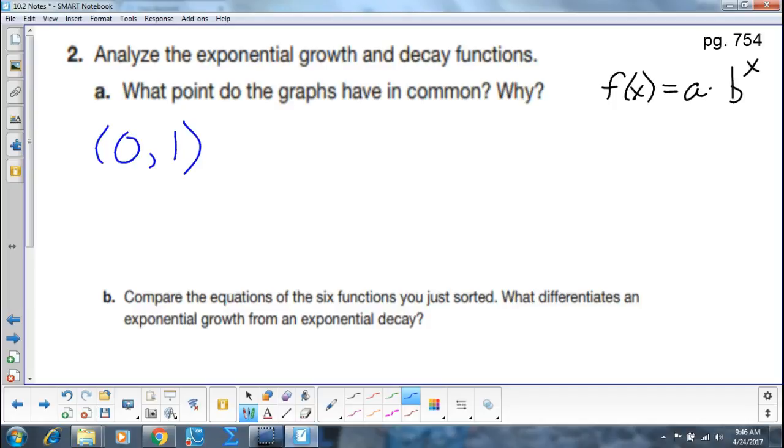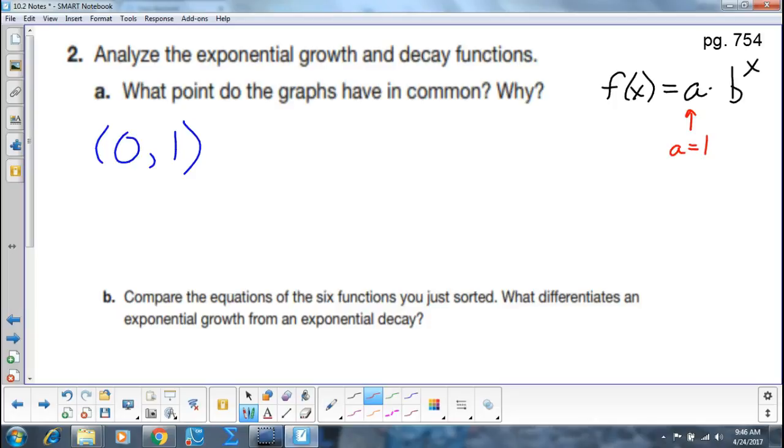Okay? And so all of our functions here had an a value of 1. In all of our functions, our a value was 1. So that basically came out of the equation. So we just had b to the x.